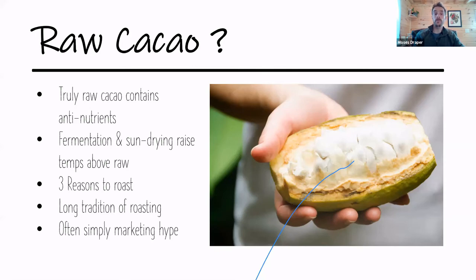A lot of times raw cacao proponents talk about potential nutrient benefits of it being raw, which in a lot of cases is true. With cacao, there's not a lot of great studies that have compared the two side by side. Some studies cite higher ORAC value, which is a value used to determine the antioxidant content of a food.